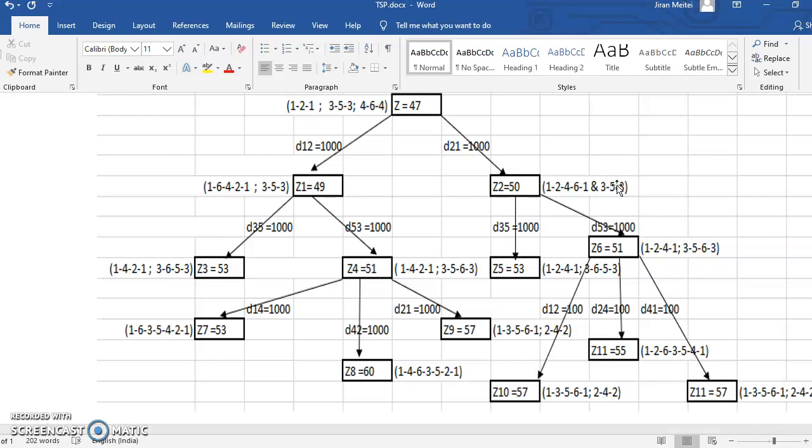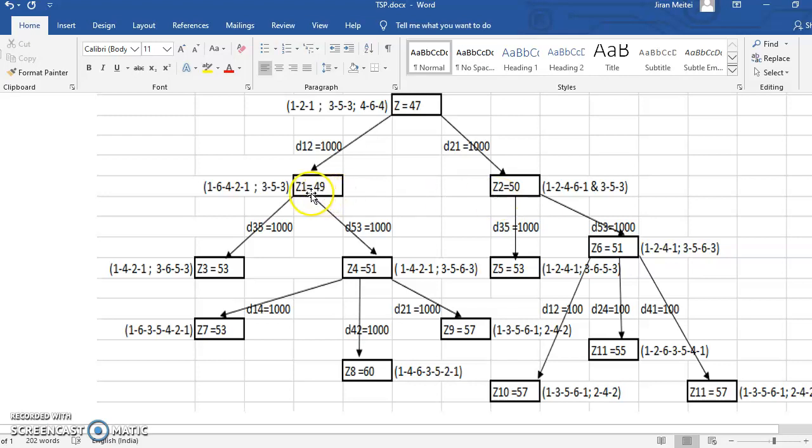So what we do now is select the subproblem which has the lesser value of Z, and consider that subproblem for further branching. So I've selected this subproblem 1 because it has a lesser value of Z, which is 49 compared to 50.